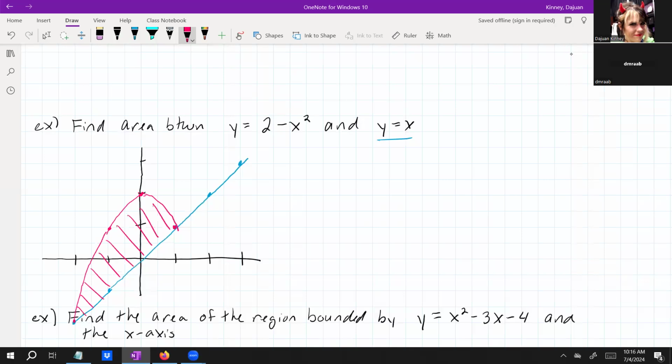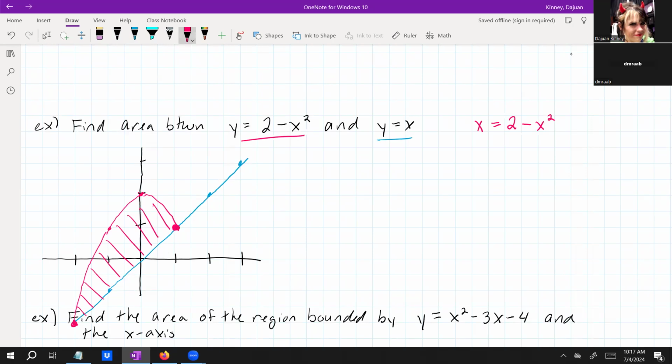Okay, what's important here is figuring out where our two functions meet. So if you have good graphs or a graphing utility of some sort, a lot of times you can eyeball it. If you don't, or if it doesn't connect at a nice place, set them equal. So you'll say x equals 2 minus x squared. All I did was set my two functions equal and solve it.